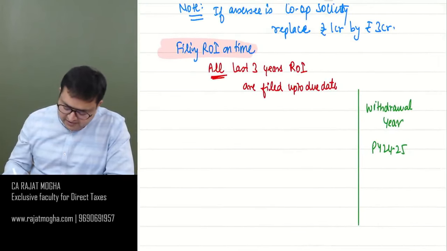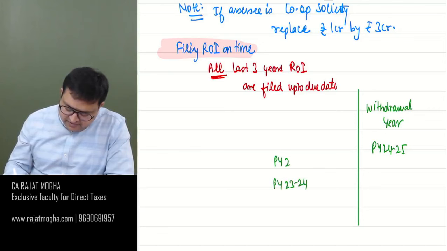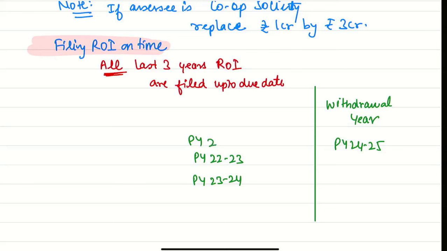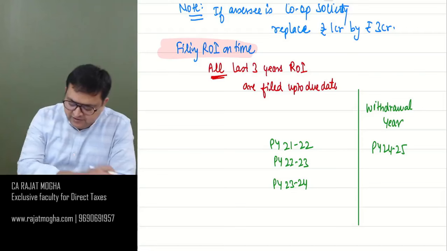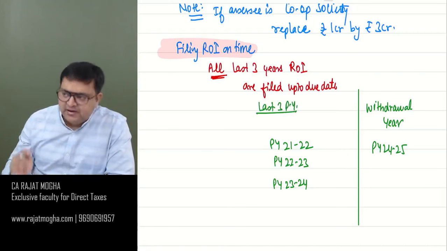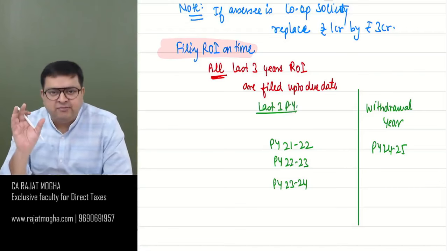So we will see your last 3 previous years: 23-24, 22-23, 21-22. We will see whether you have filed the ROI on time or not.